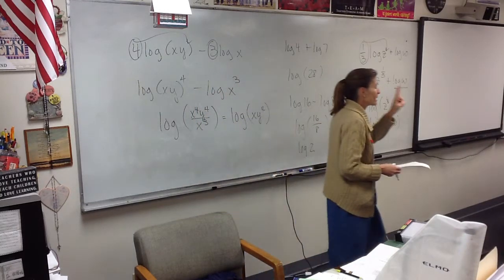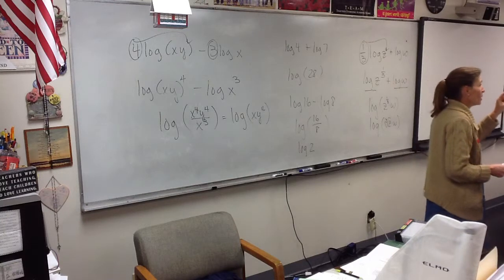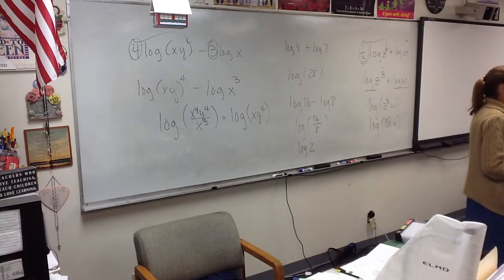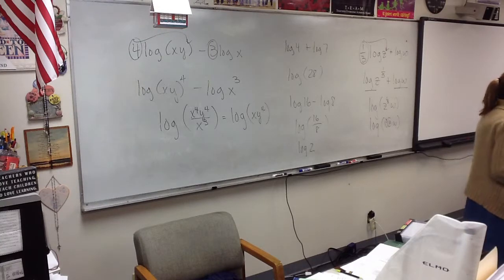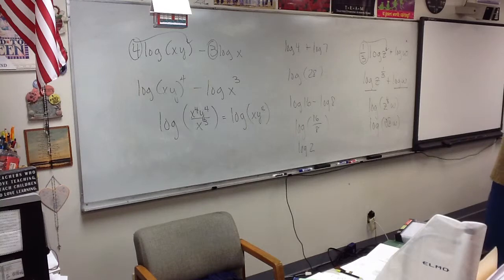Two points I'm trying to impress upon you. One is, if there's a number in front of a logarithm, make it an exponent. The second one is, if you have two logarithms, put them together. If they're being added, you put it together as a times. If they're being subtracted, you put them together as a divide.